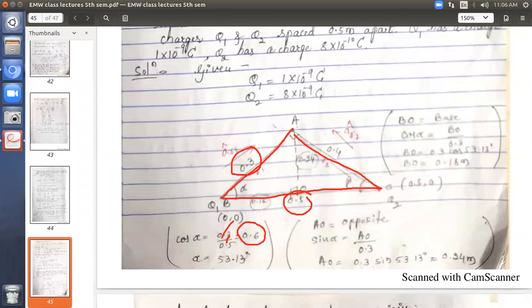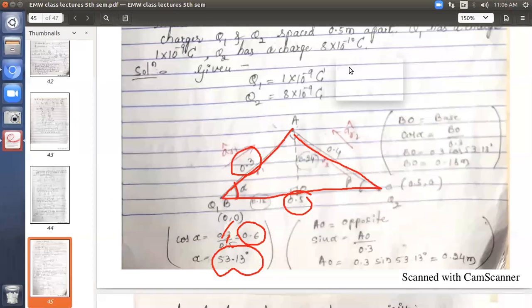Cos alpha is equal to 0.6. Why alpha? Because I am taking alpha here. You can take theta also. So alpha is cos inverse of 0.6. I will get this as 53.13. This alpha angle is this. Now why we need alpha, you will understand in the next step. I will show you why I want the alpha value.